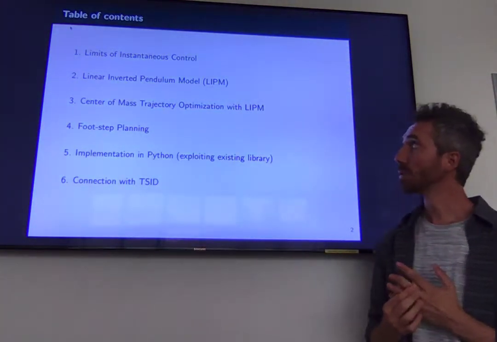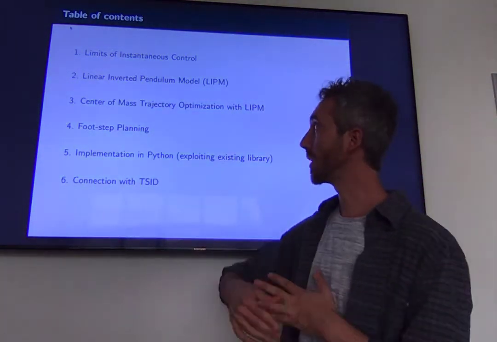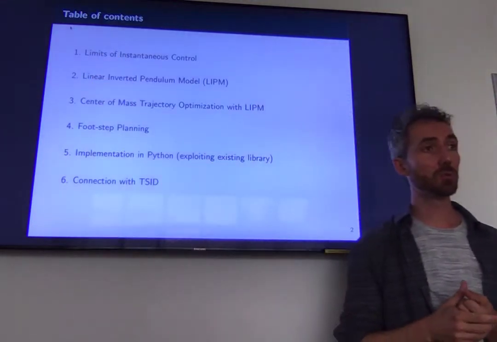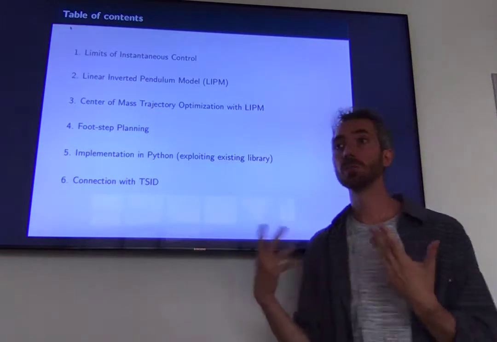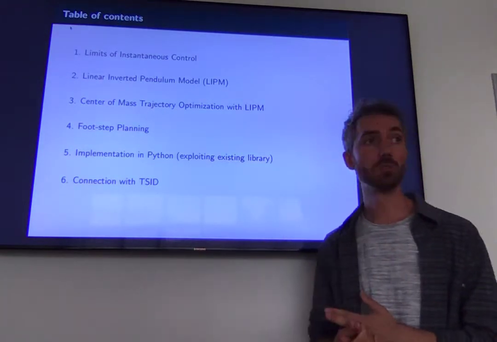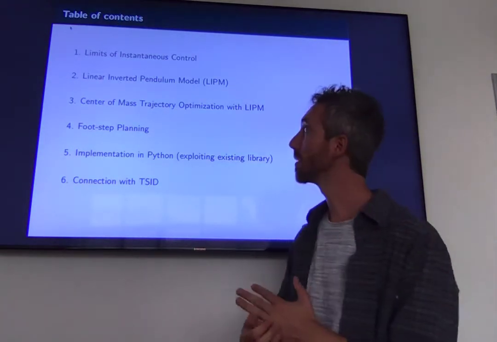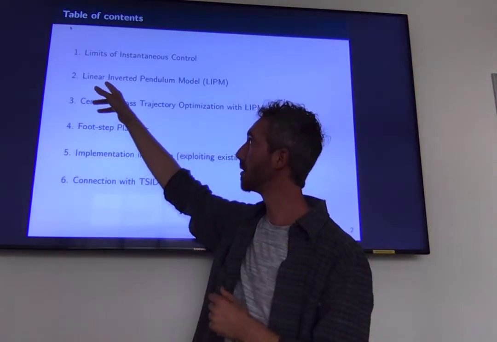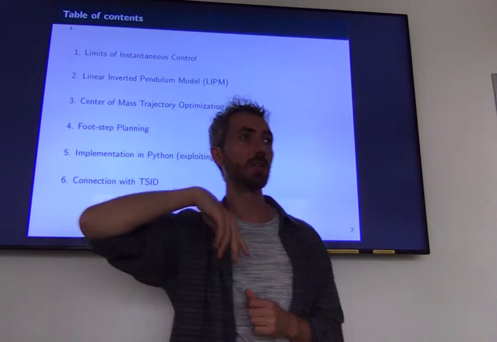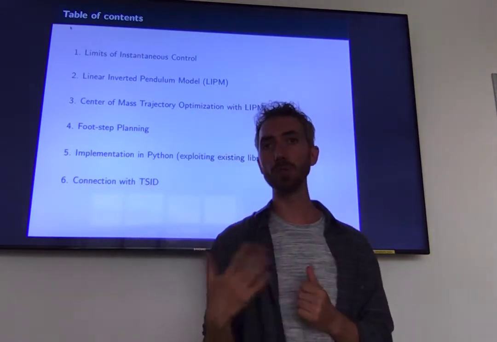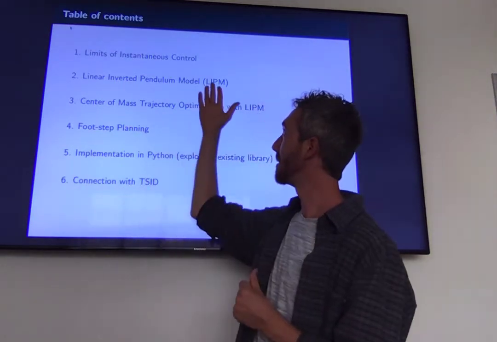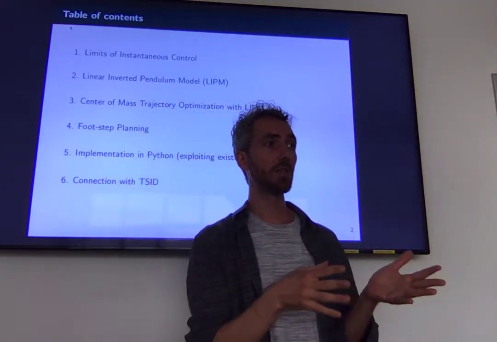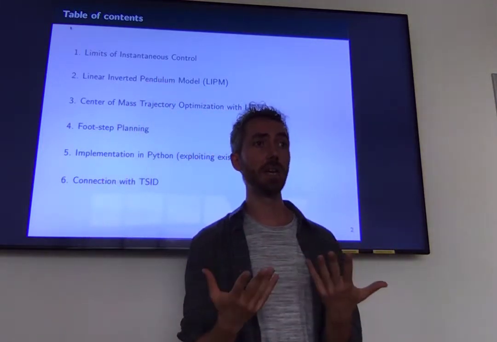Okay, so we will start today by looking at what are the limits of instantaneous control, which is going to give us some motivation to look into trajectory optimization. And then we're going to discuss this very specific model that is used for walking robots, which is basically needed if you want to apply trajectory optimization in a fast way.